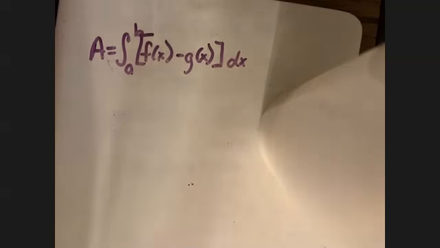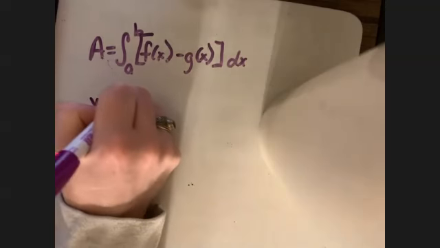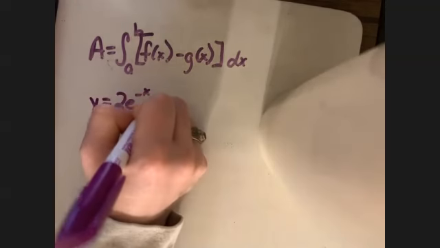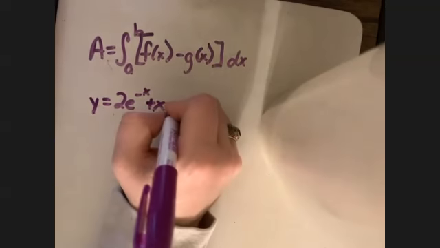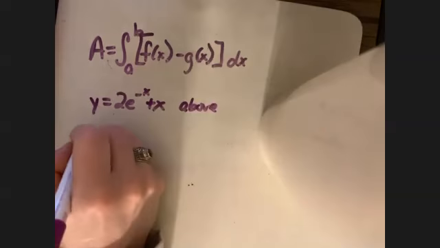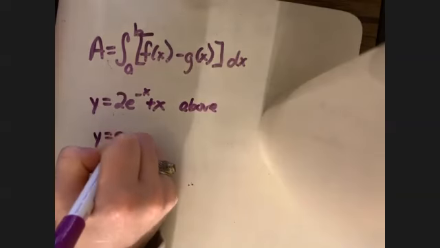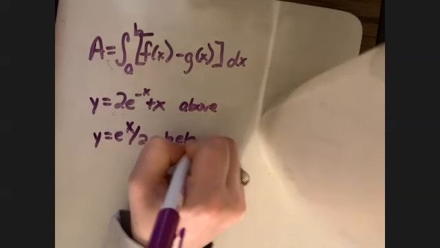So they ask us to do the area bounded by the curve y equals 2e to the negative x plus x, on the above. So this is our above. And we have y equals e to the x over 2 below.